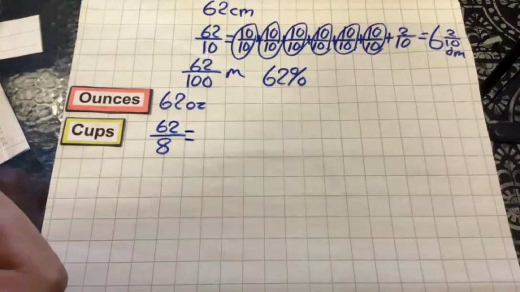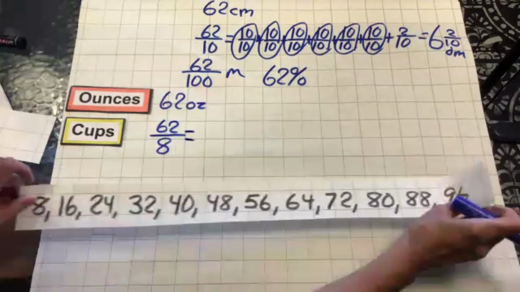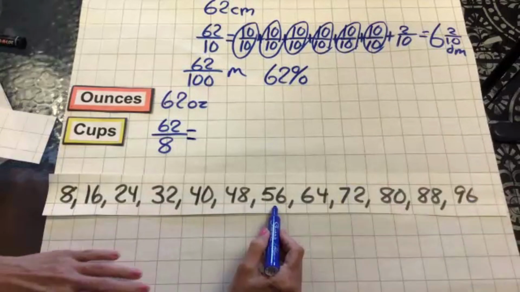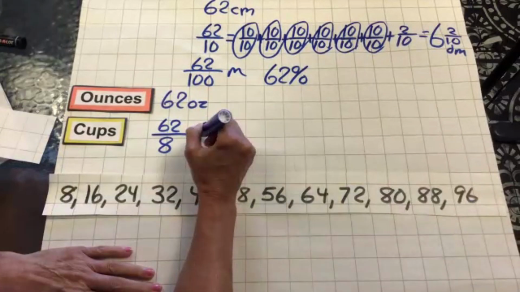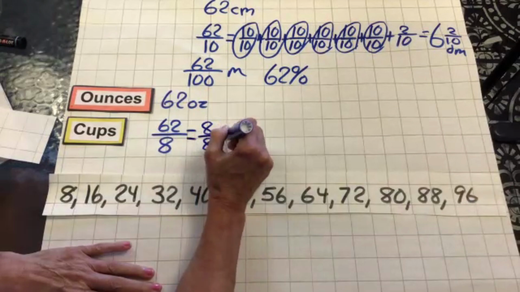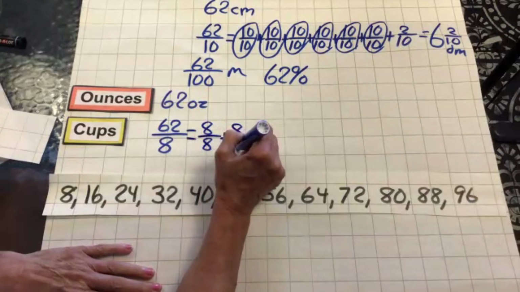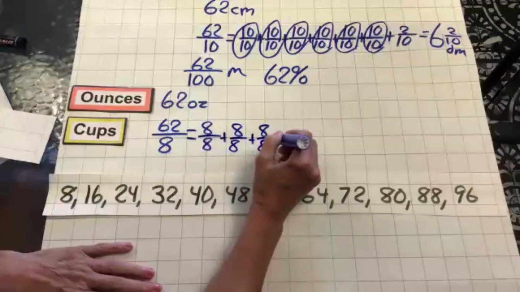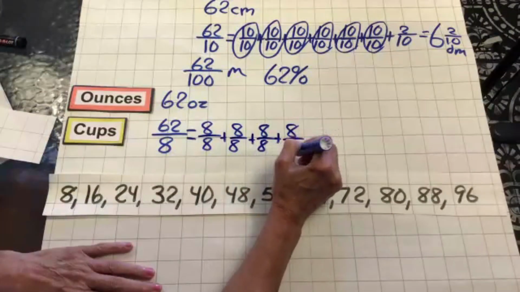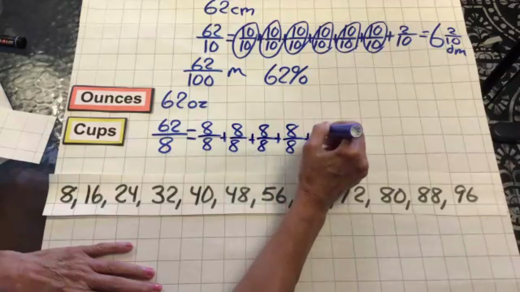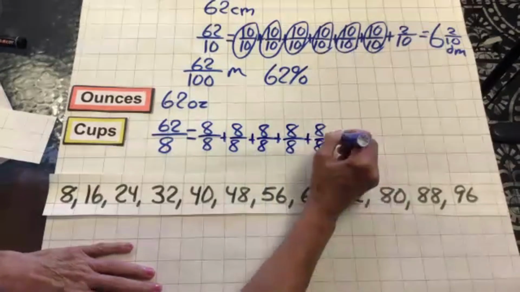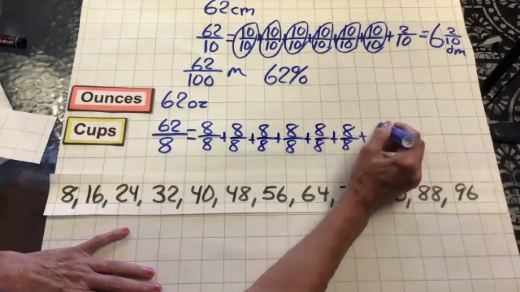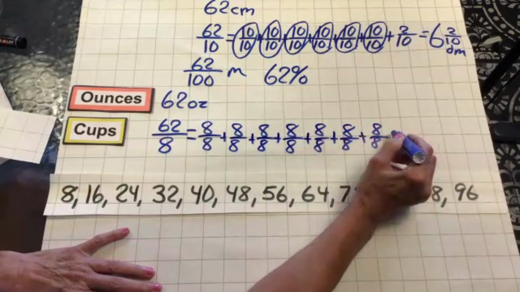And let me find my 8s here. So here are my multiples of 8. I know I can go all the way up to this one, which is 7/8. So we're going to do 8 over 8 plus 8 over 8, which is 16, plus 8 over 8, which is 24, plus 8 over 8, which is 32, plus 8 over 8, which is 40, plus 8 over 8, which is 48, plus 8 over 8, which is 56.